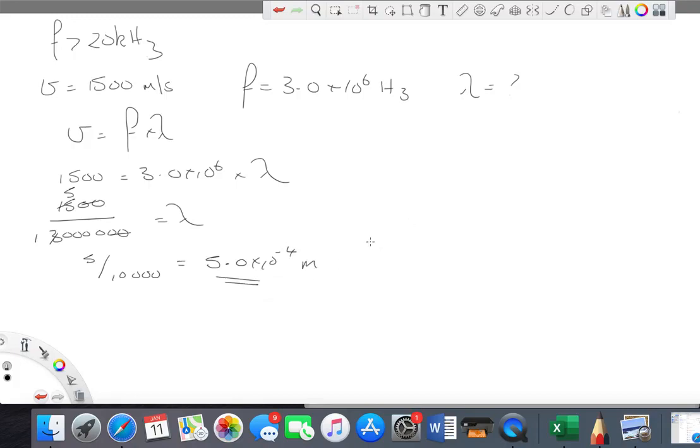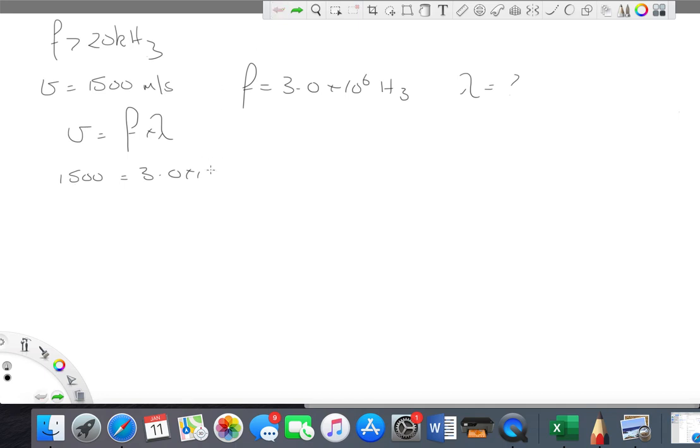So there's another question that you might get asked, the calculation of the wavelength or the frequency or indeed the speed. So let's move on, because this is just introductory stuff that we're doing here.